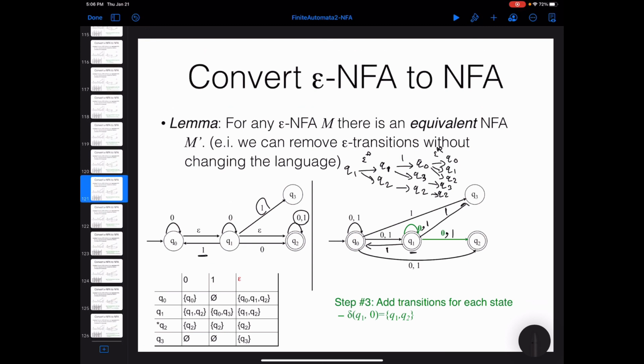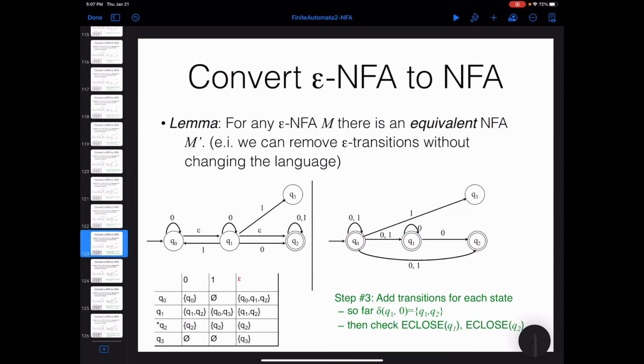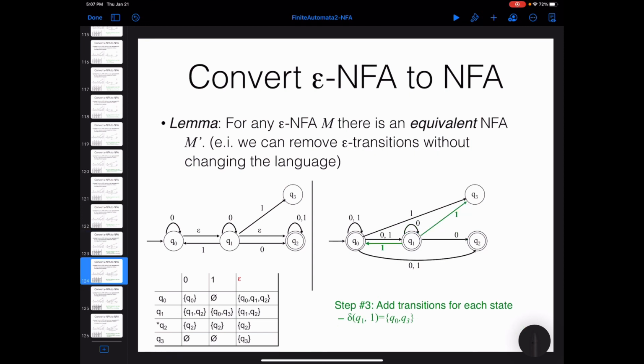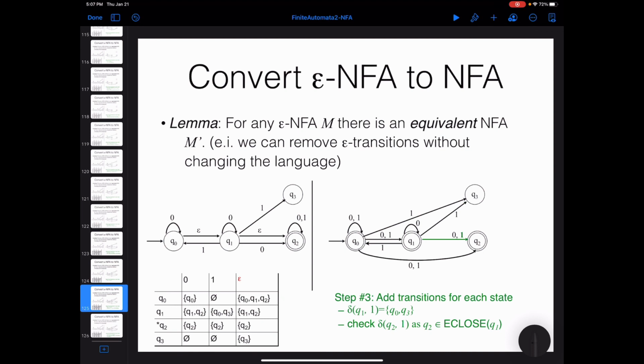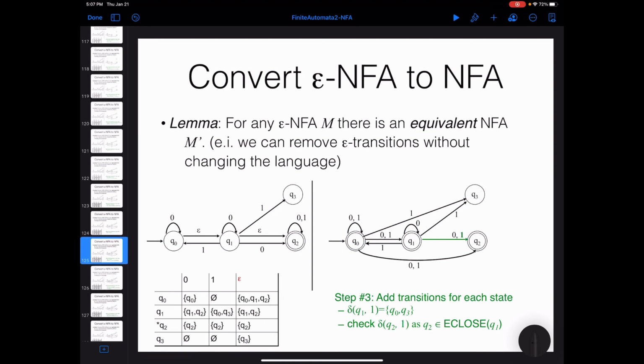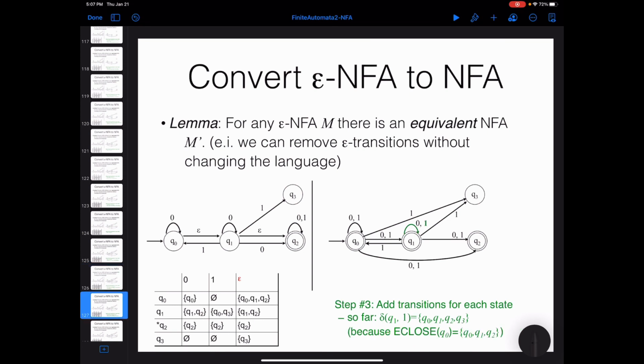So these are going to be all the transitions of 1 over Q1. Okay, this is going to be complete. I have added all the transitions of 1 over Q1.